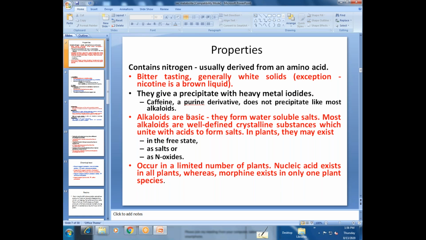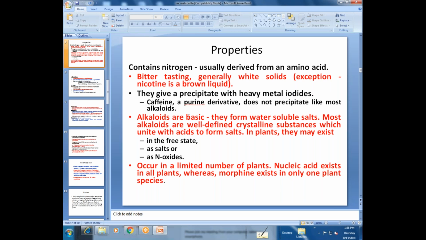Tell me the properties. Ma'am, they are white, bitter in taste. They are usually crystalline solids, white crystalline solids, with the exception of nicotine, which is a brown liquid.